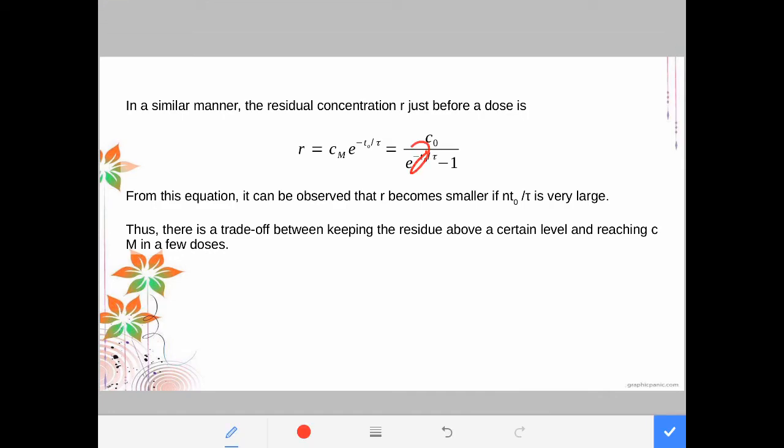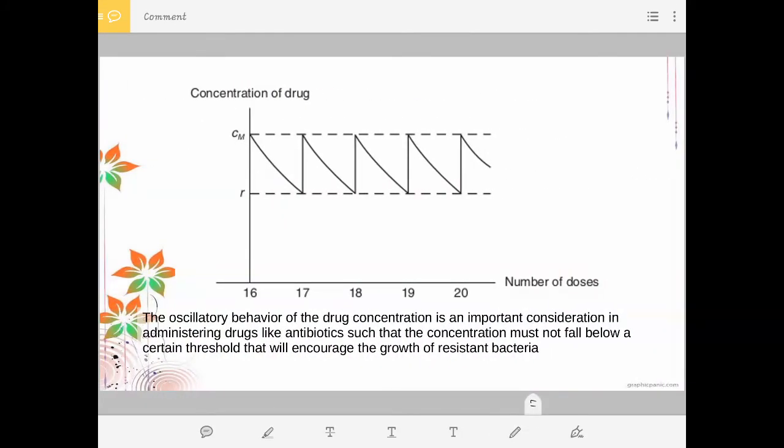If we have a large time interval between drugs, the concentration can fall below the lower threshold value. So the R value becomes very low. Although we can reach Cm immediately during the second dose, if we have large time intervals, we can fall below the lower limit. So that's one of the things that we need to consider.